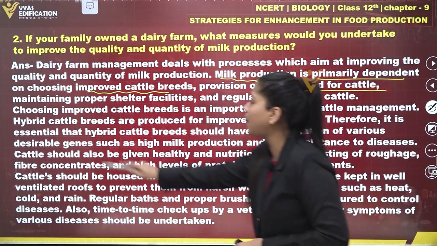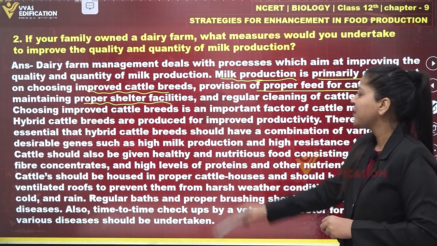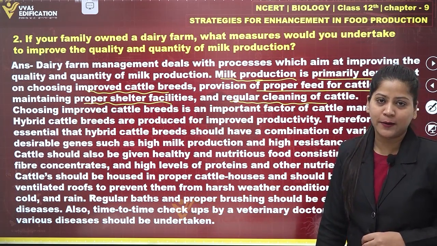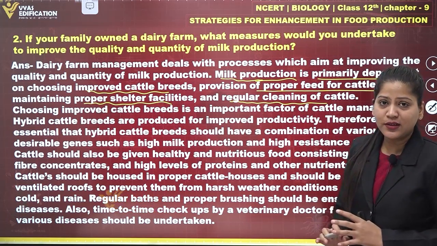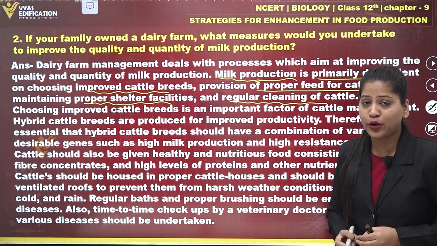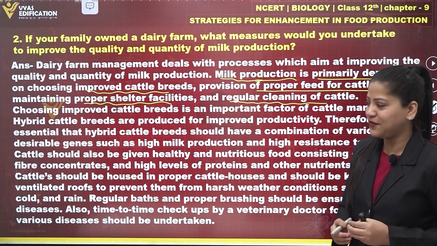Along with this, proper shelters are provided in the dairy farm management to cattle, and the regular cleaning of cattle is also required. So all these are the measures which we undertake to improve the quality and quantity of milk production in our dairy farm management if we owned a dairy farm.